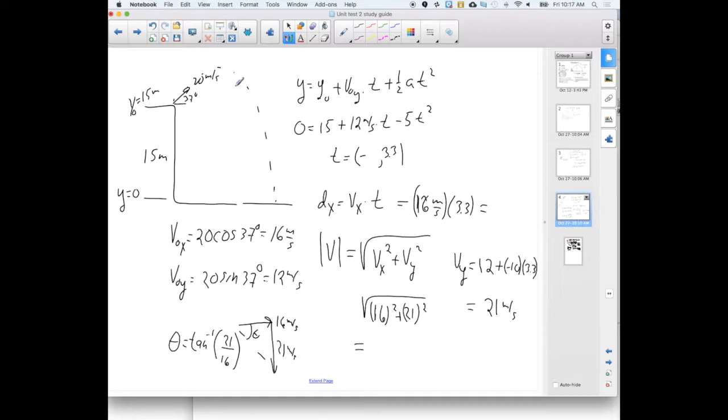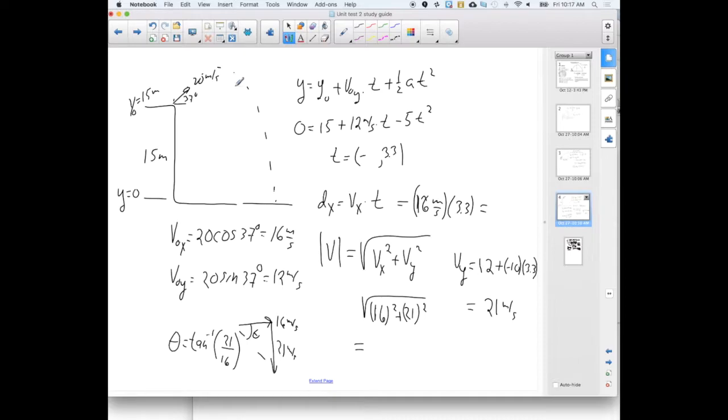Just repeat the question one more time. Should we use negative 21 meters per second for the y velocity or positive? So I drew that angle. I would probably stick with positive 21, but know that I was below the x-axis.